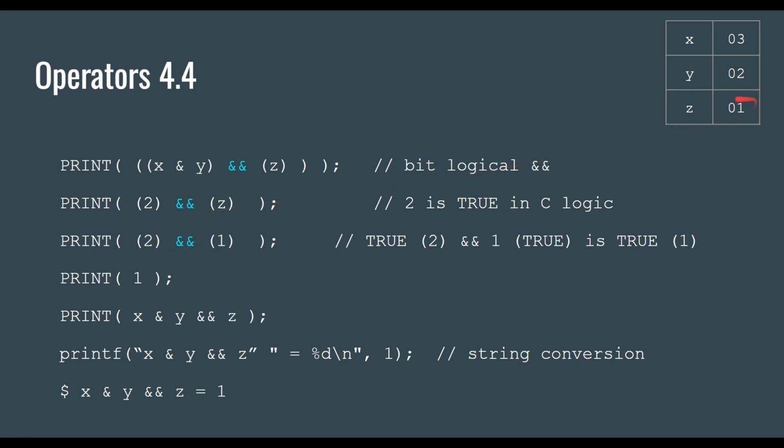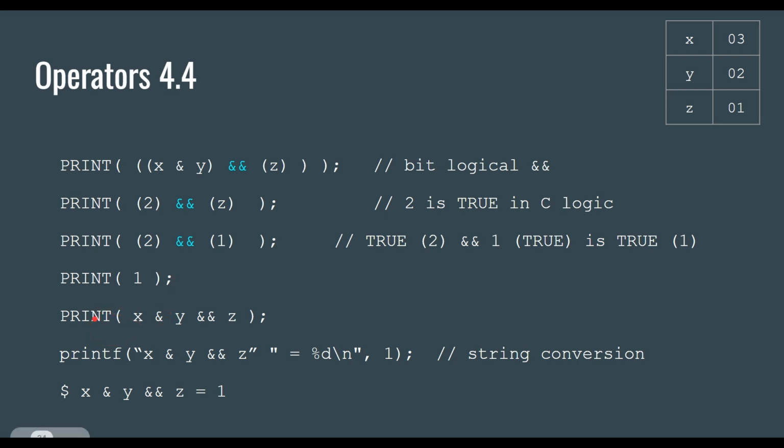Replacing z with the value of 1, we have 2 ANDed with 1, and 1 is true. Therefore, the operation of 2 ANDed with 1 is the same thing as true ANDed with true, and we know that's 1. Therefore, we're going to call the print macro passing in the value of 1, as 1 is the result here.